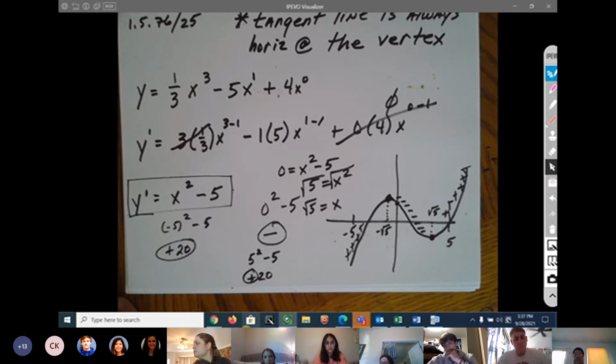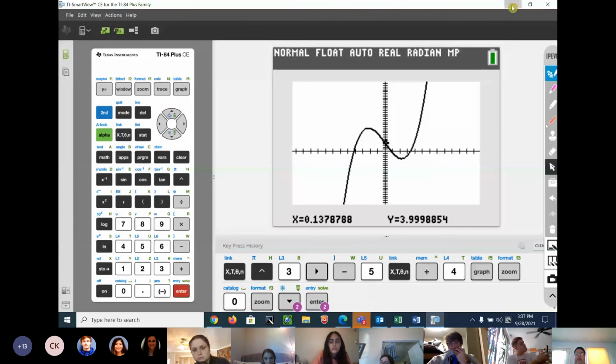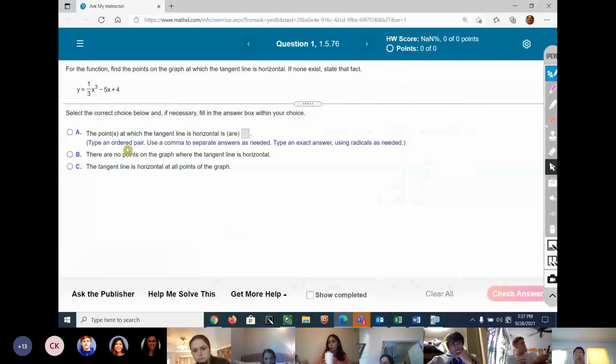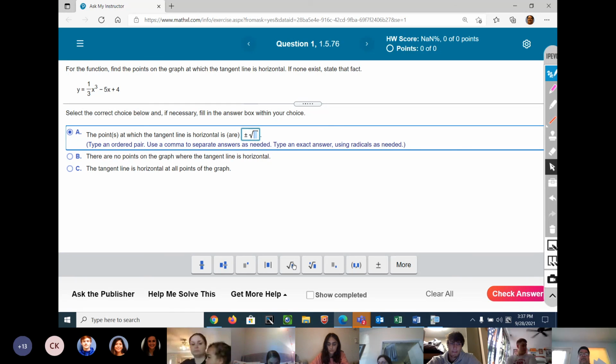Now, that's where we're heading with this. I don't know how they want you to do this because, honestly, you don't know how to do that yet. So I'm going to go back and select the correct choice. The points at which the tangent line is horizontal are at the vertex. The tangent line is horizontal at all points of the graph. No. So it's A, but I don't know what they want unless I say positive or negative square root of 5.